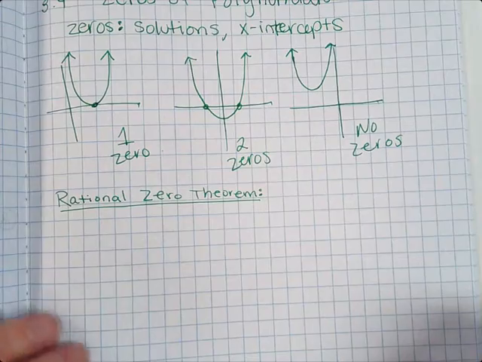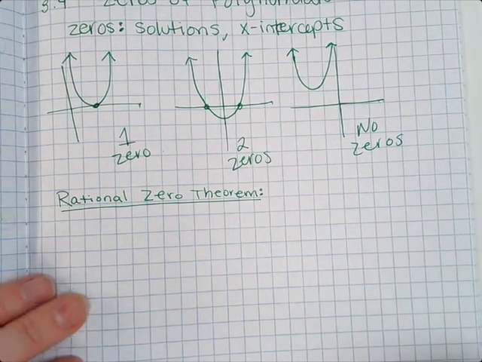Okay, so the rational zero theorem will help us find out the zeros.